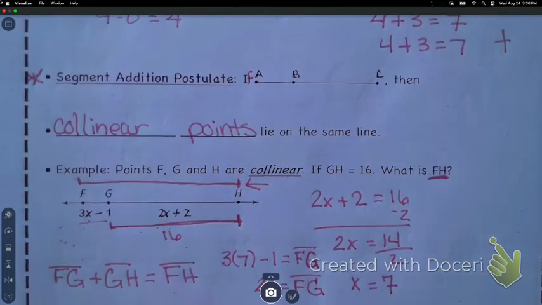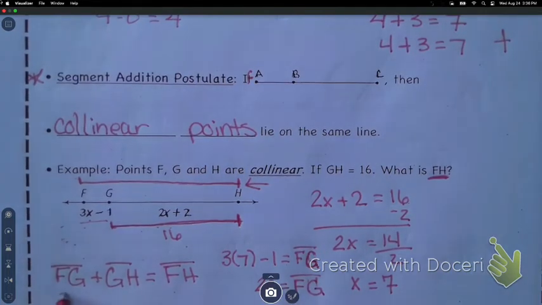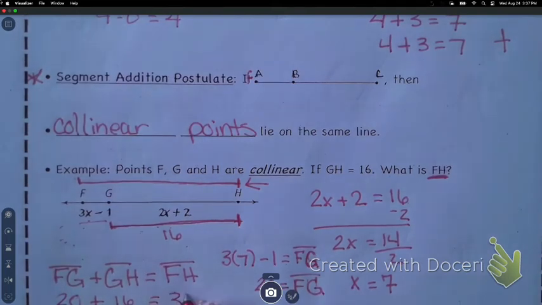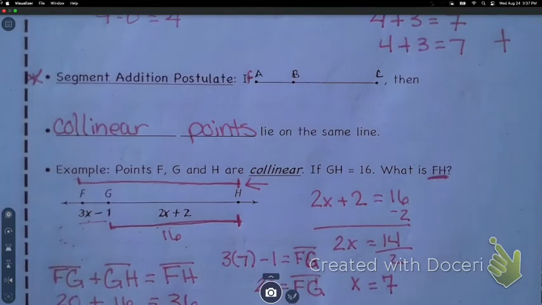And so the whole thing, well, FG is 20. GH is what? 16. So FH is what? 36. Now, if they told me inches, centimeters, feet, yards, would I have to put that on there?